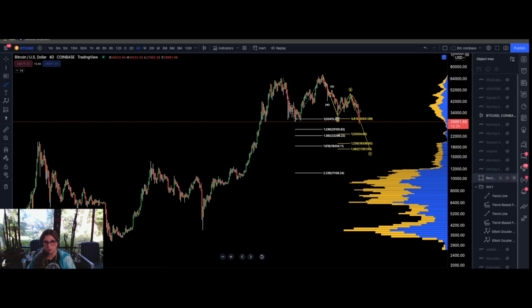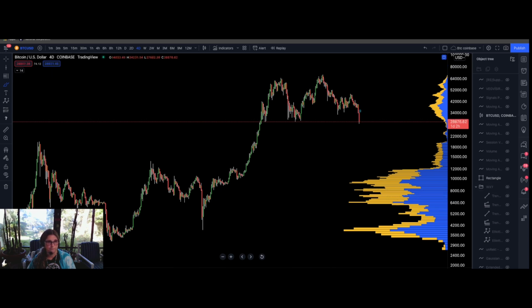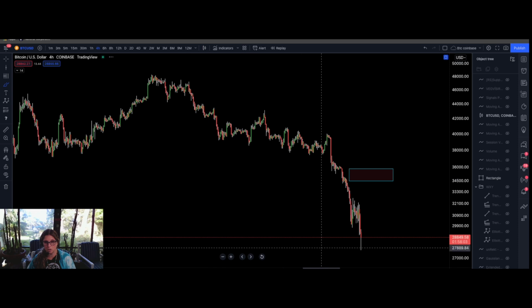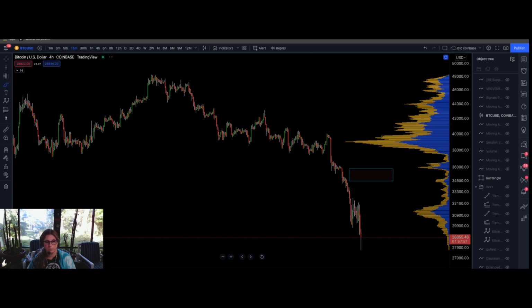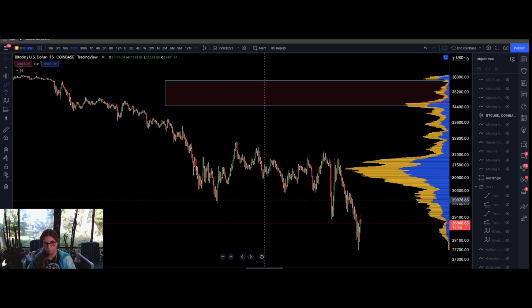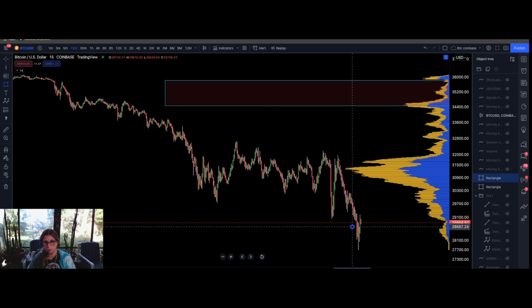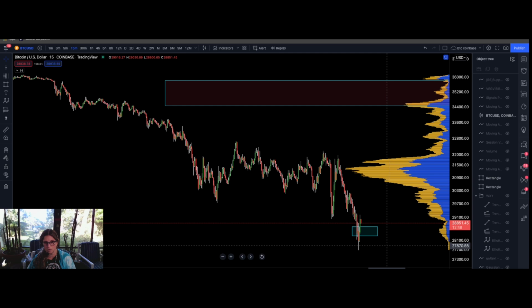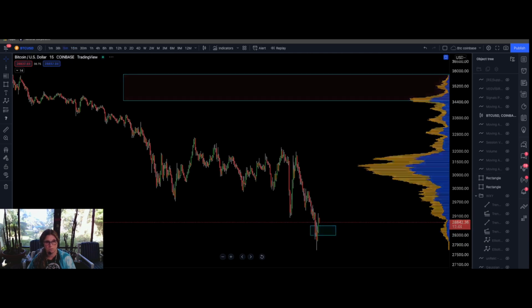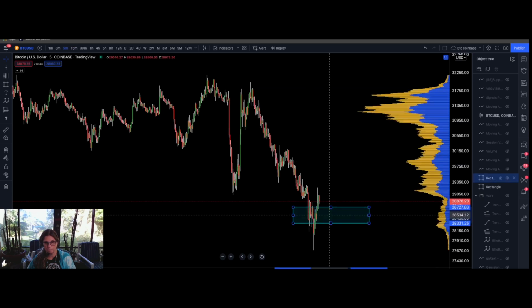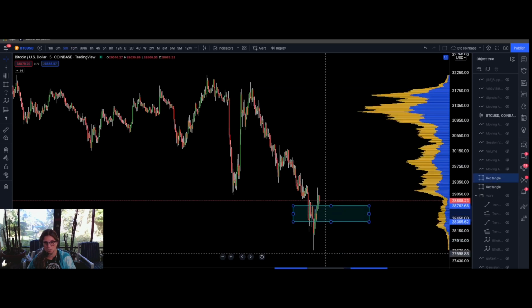In a prior video, I talked about what to look for off the bottom. I'm going to go over it a little bit here. Knowing when the bottom is in is difficult. But the first thing you want to see is it break through the prior fourth wave territory, which it has done here on the very small time frame. That's first thing on the list.